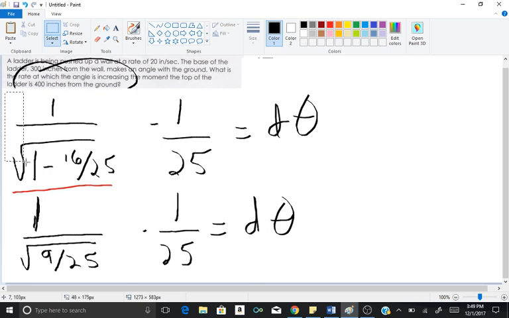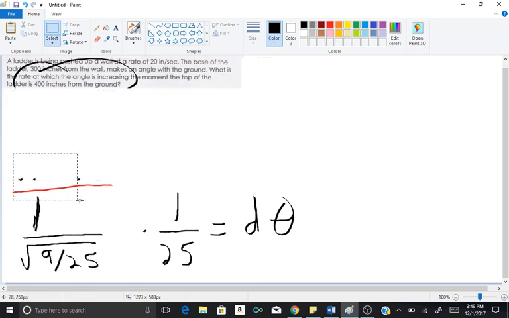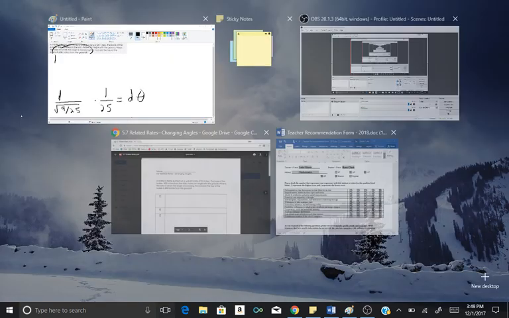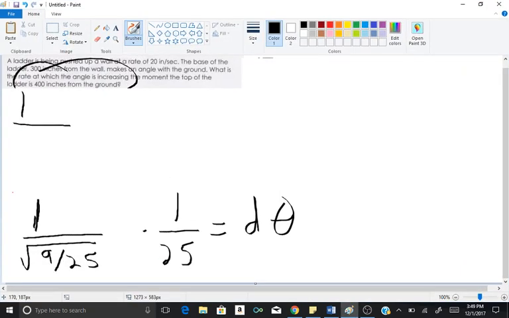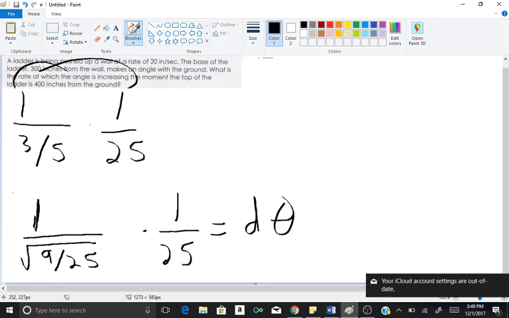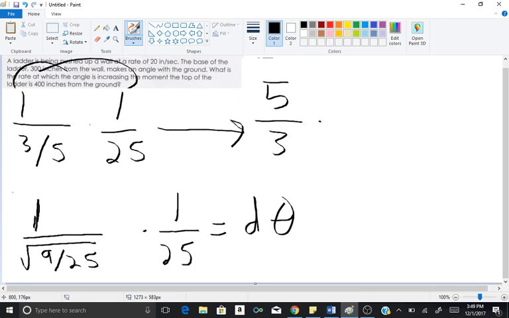Next step, root 9 over 25 is going to simplify to 3/5, so I'm going to have 1 over 3/5 times 1 over 25. This is all the same step, I'm just simplifying here. 1 over 3/5 will simplify to 5 over 3 times 1 over 25.